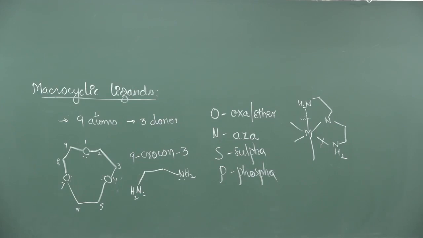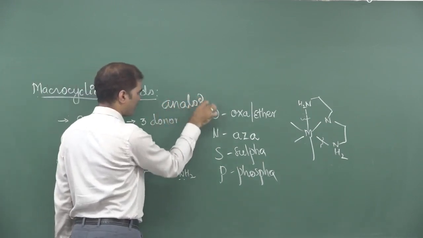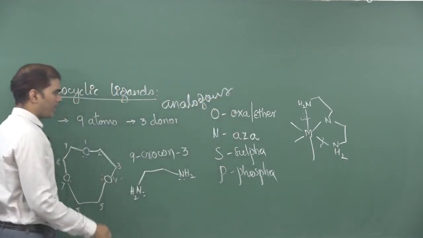Next, a macrocycle can form a more stable complex in comparison to its analogous chelating ligand.